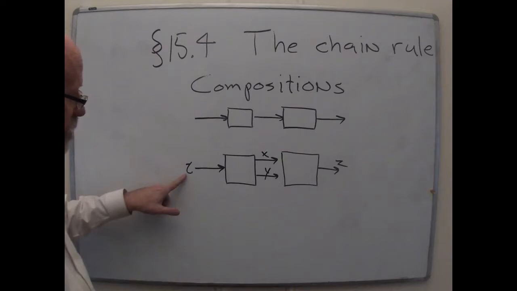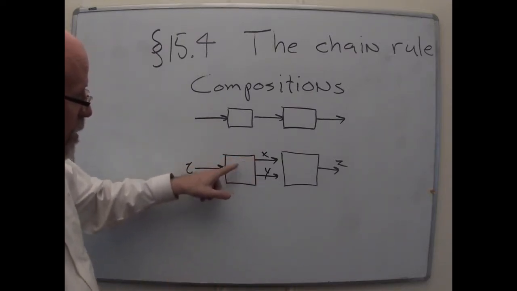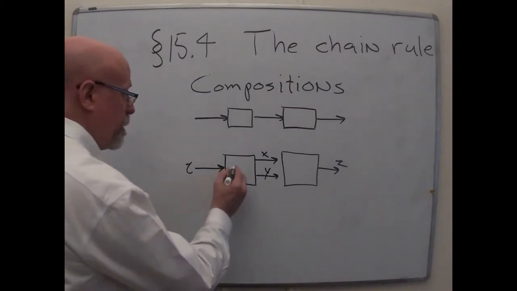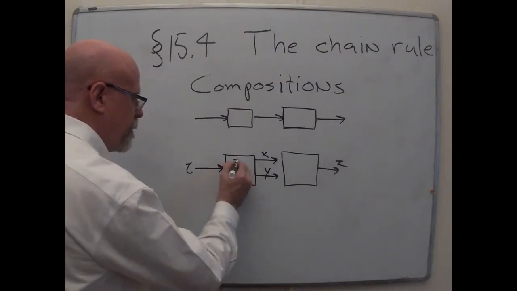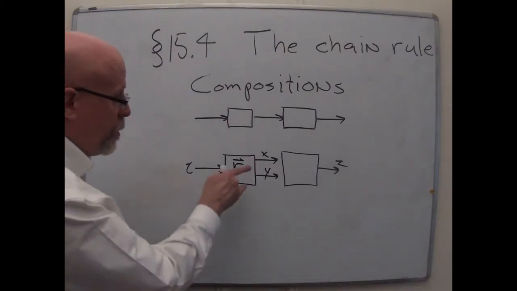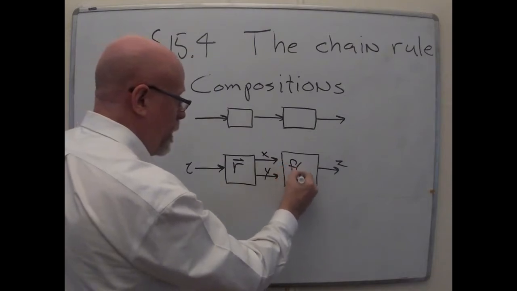A single input, a parameter, a vector as output. This thing here is a function like the position function in a vector, in a space curve. This is like r. And what is this guy? Well, that's two inputs and a single output. This is a surface. This is something like f of x y.